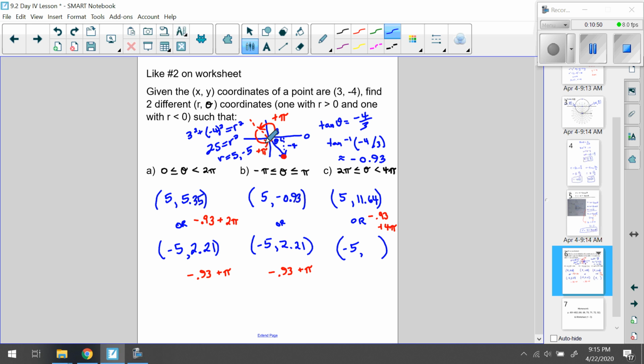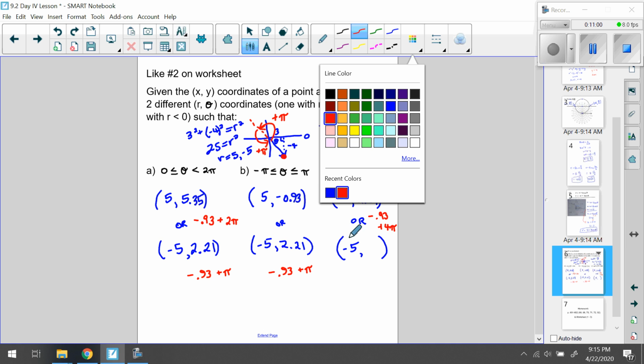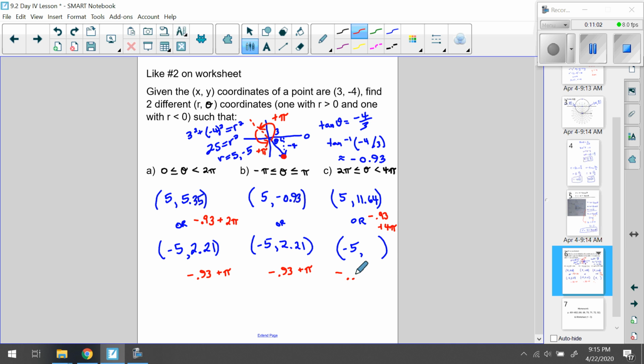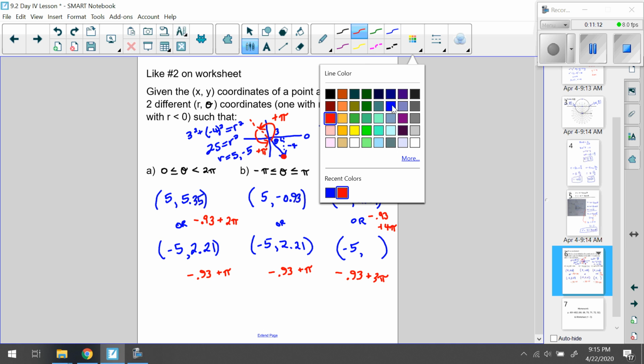So 1 revolution is 2 pi, another half of a revolution would be a total of 3 pi. So again, if we take that original calculator answer of negative 0.93 and add 3 pi, that should give us an answer that we can put in here. So I got 8.49 radians.